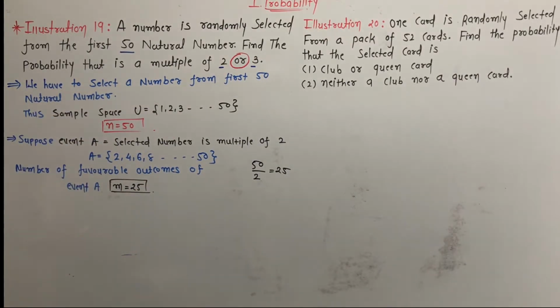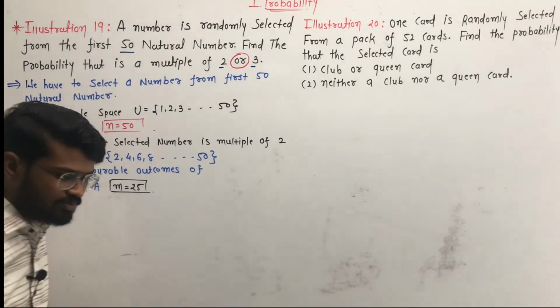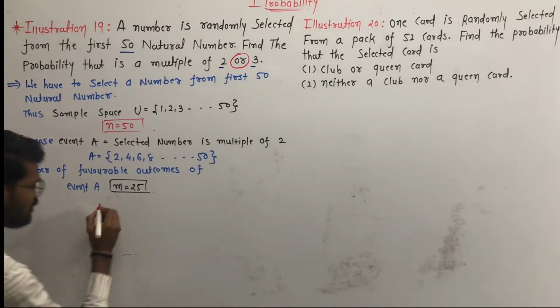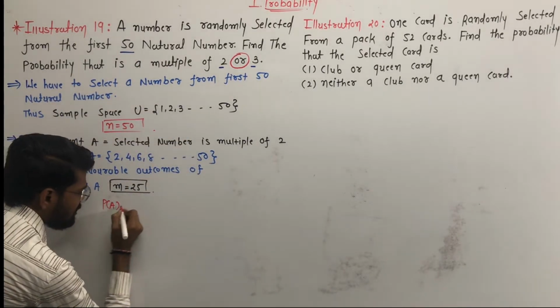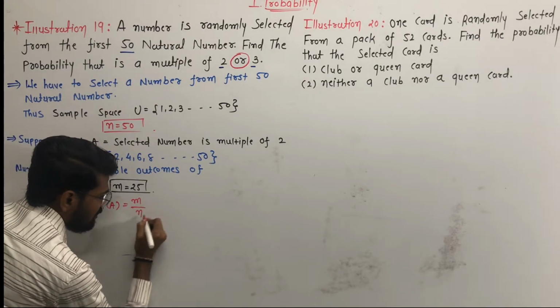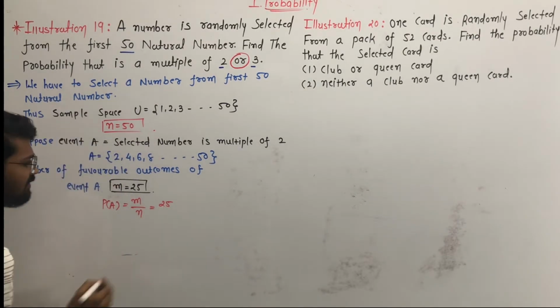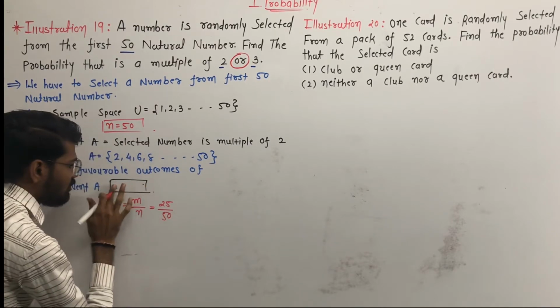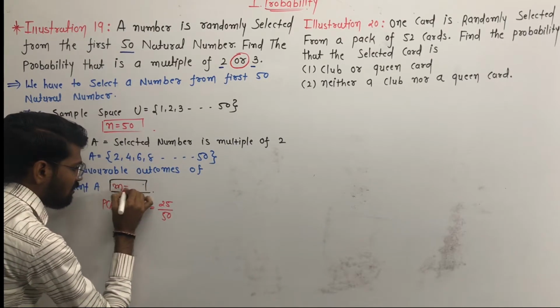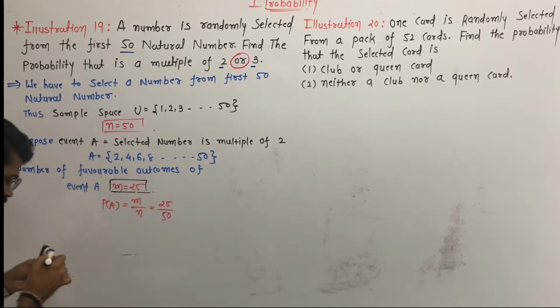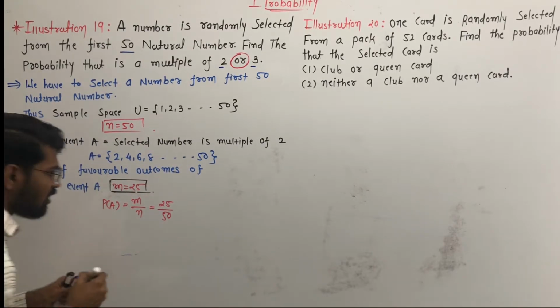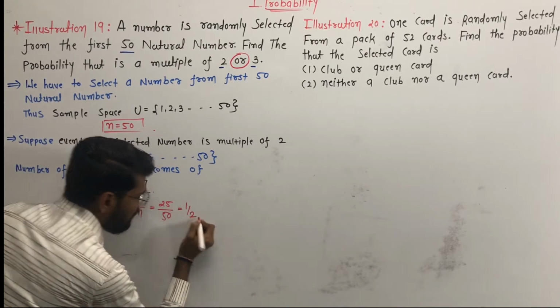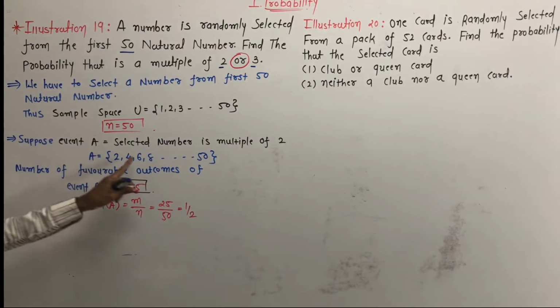Now we find the probability of event A. The probability of event A is equal to M by N, where M is equal to 25 and N is equal to 50. So the probability of event A is 1 by 2.